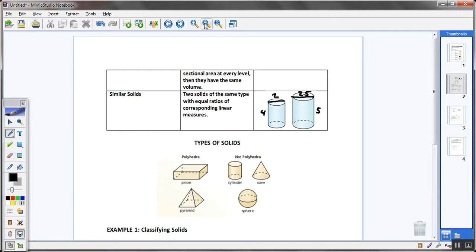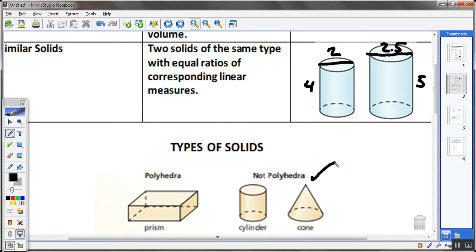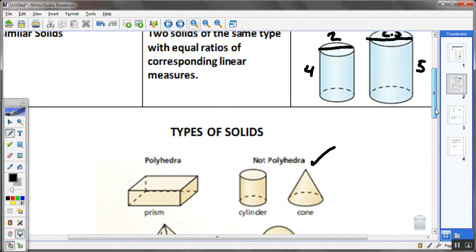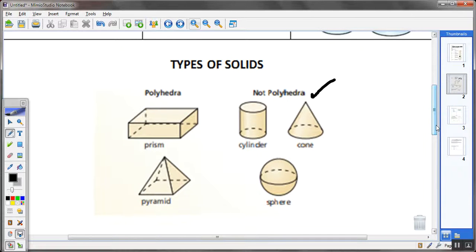Flat. Okay. This here would be a pyramid. All the faces meet at one point. Tell me why right here, why aren't those polyhedrons? Because it's not a flat surface. The surfaces are not flat. They're actually what? Rounded. Some of the surfaces are rounded. So what we would say is this is a cylinder, and this is a cone.